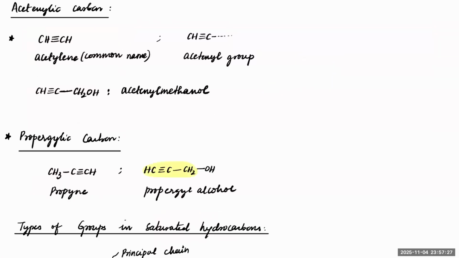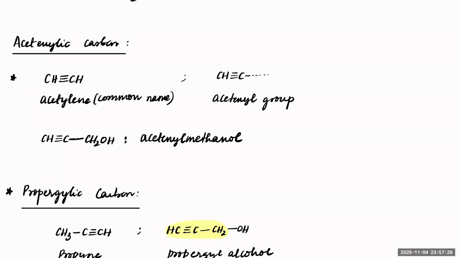Next. Acetylenic carbon means what? So if you have acetylene, if it is directly connected to some main chain in this case, then this compound is called an acetylenic group. You can see CH triple bond C, CH2OH. So this is going to be acetylenic ethanol.